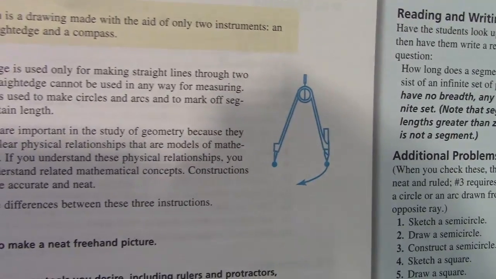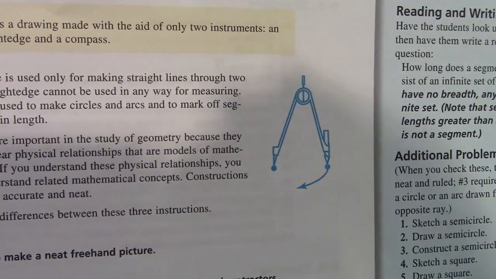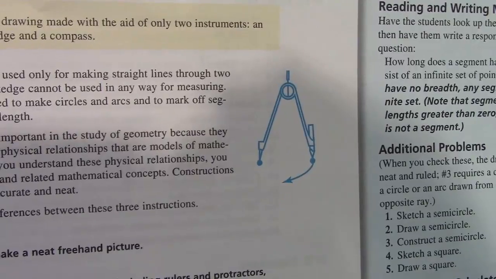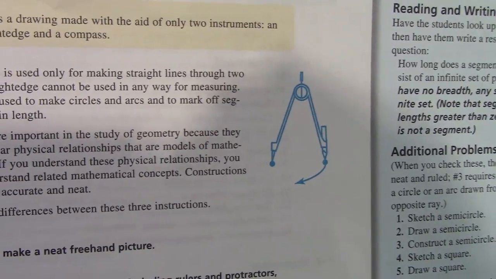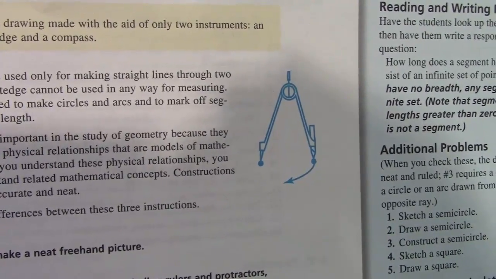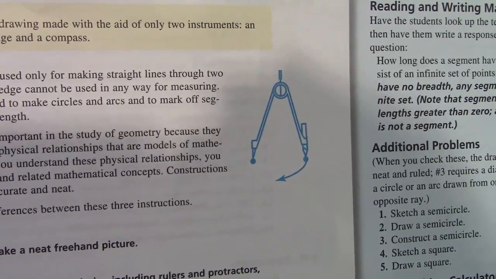What were the things? An unmarked straight edge and a compass. And a compass is those 2 legs, one that has a metal or some sort of point at the end of one, and then the other has a pencil on the other end. If you open your book, you can see a picture of it on page 33.